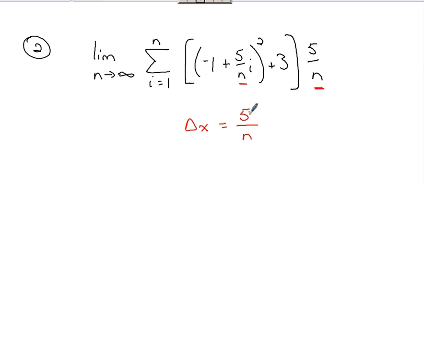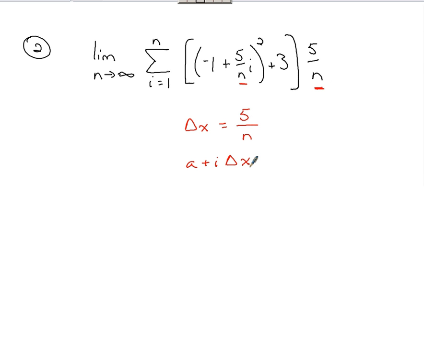Now, other key players we think about when we set up a limit of a Riemann sum is there's usually an expression, an a plus i delta x, that we're plugging in the place of x for our original function.